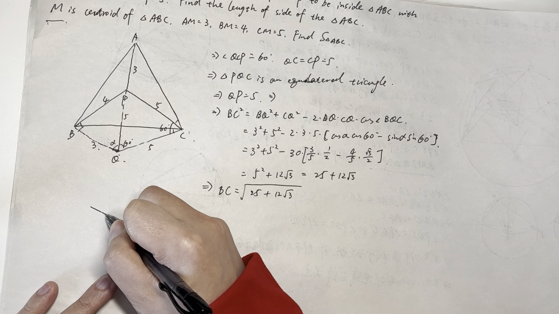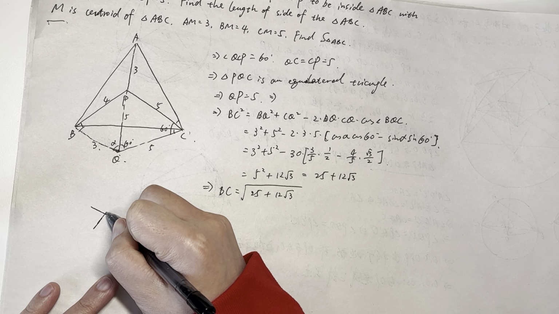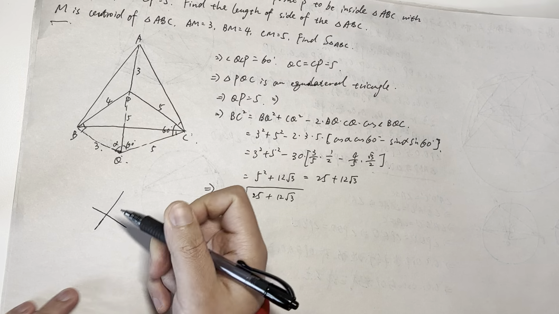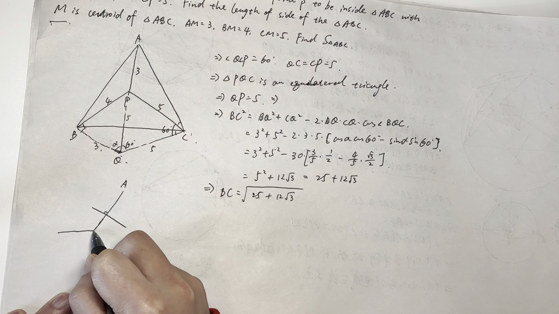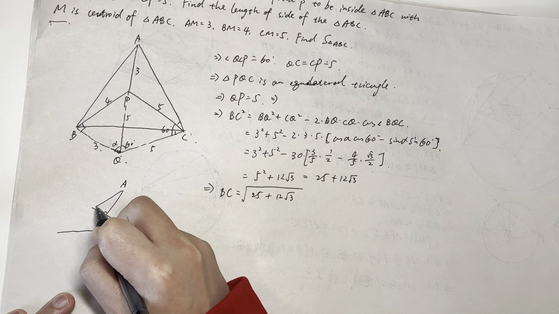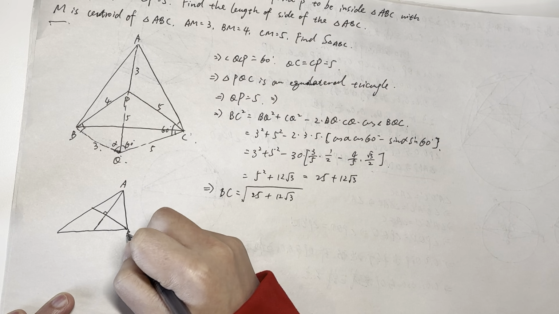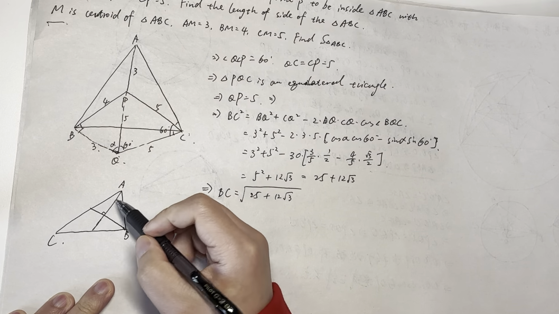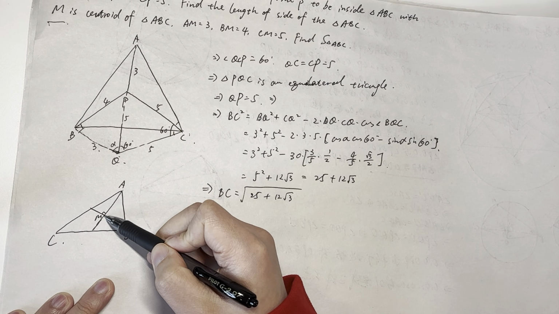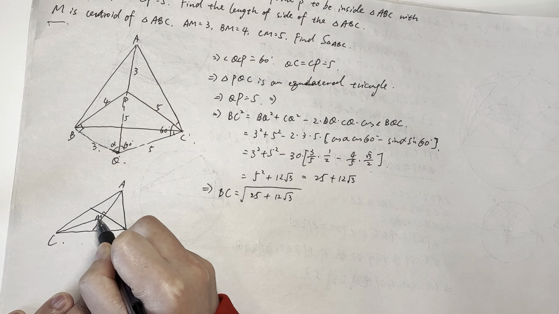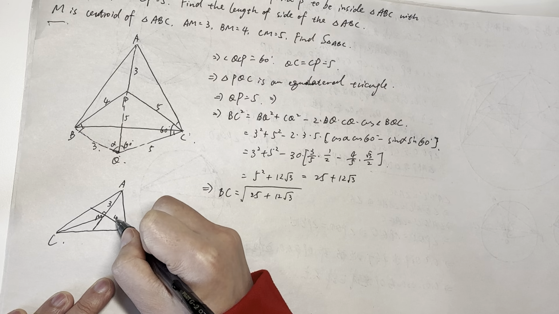So let's just draw a perpendicular line first. So this would be A, this would be B, here is C, right? And this is M. So we know that AM is 3, BM is 4, right?